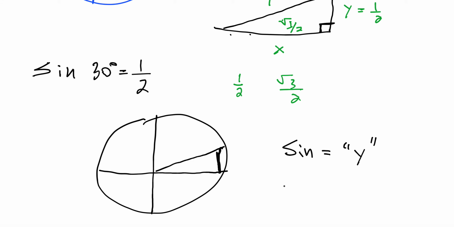Cosine is all about the x, because it's adjacent. So this distance right here is actually the cosine of that angle, and this distance from here to here is the sine of this angle. You with me? Yeah, I kind of remember that.